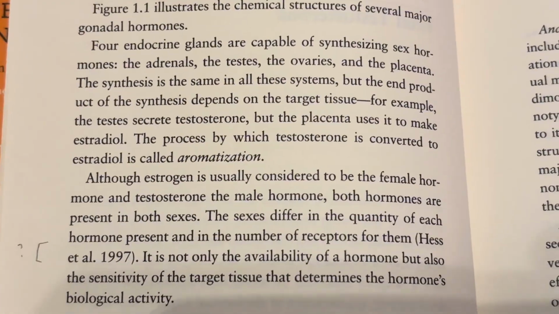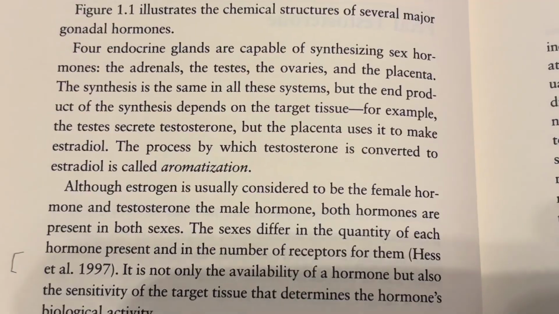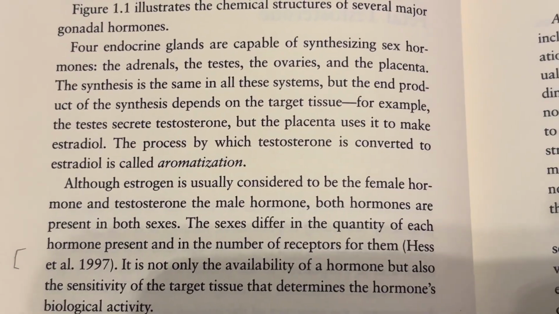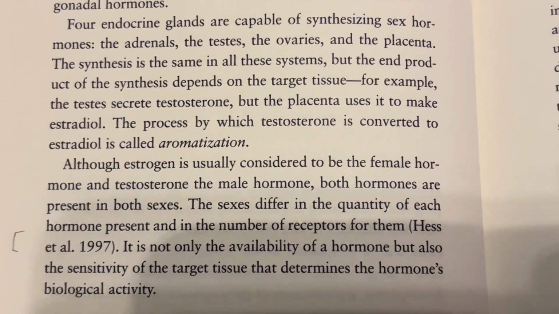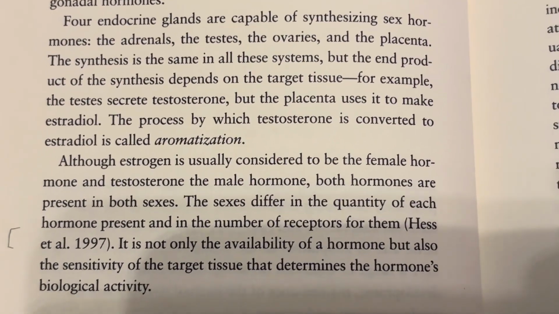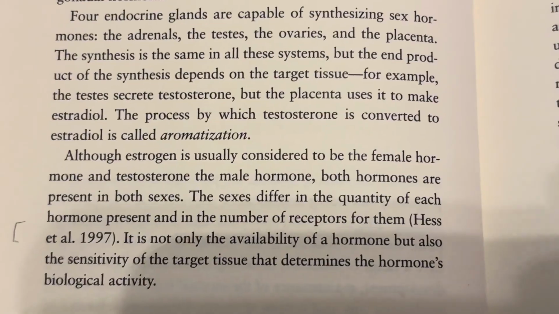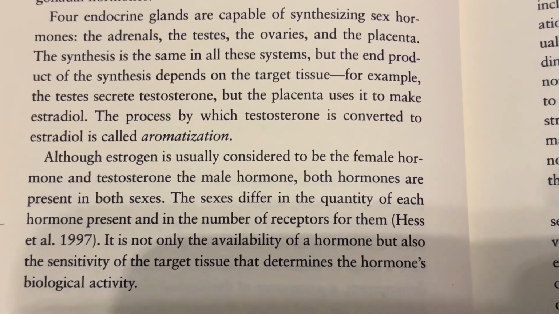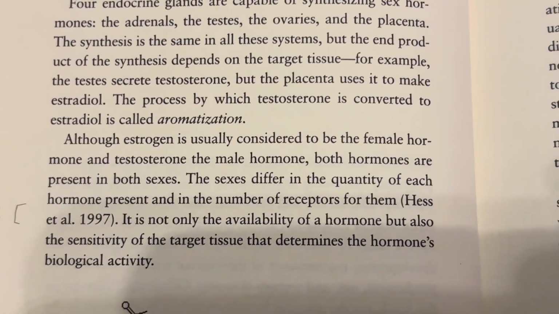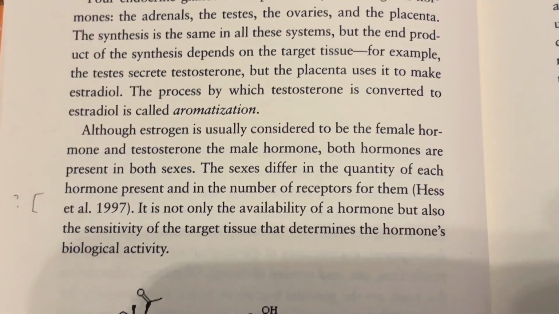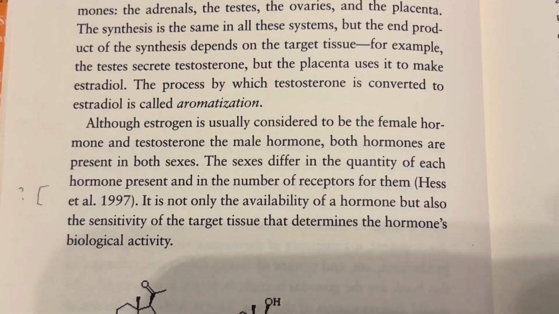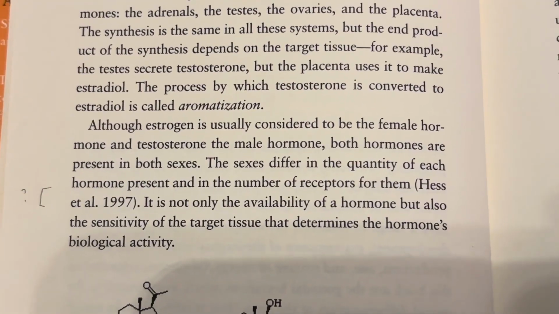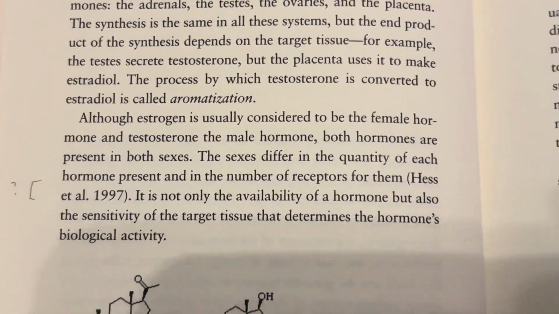Four endocrine glands are capable of synthesizing sex hormones: the adrenals, the testes, the ovaries, and the placenta. The synthesis is the same in all these systems, but the end product of the synthesis depends on the target tissue. For example, the testes secrete testosterone, but the placenta uses it to make estradiol. The process by which testosterone is converted to estradiol is called aromatization.